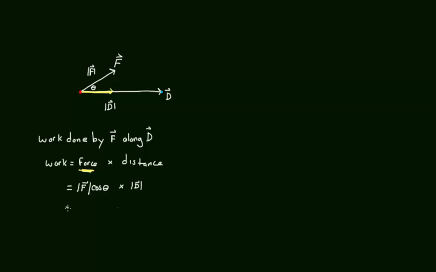Now if I just rearrange this, because it's all multiplication, by the associative and commutative properties, magnitude F, magnitude D, cosine theta, and by the theorem that we proved earlier, this is going to equal vector F dot vector D.